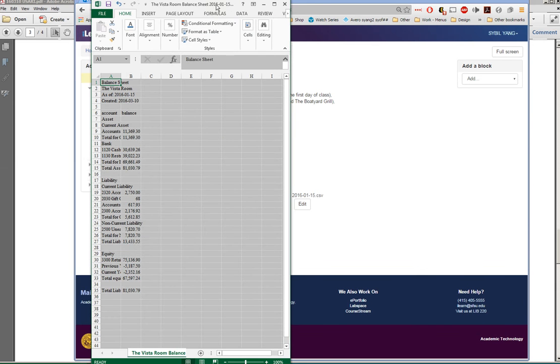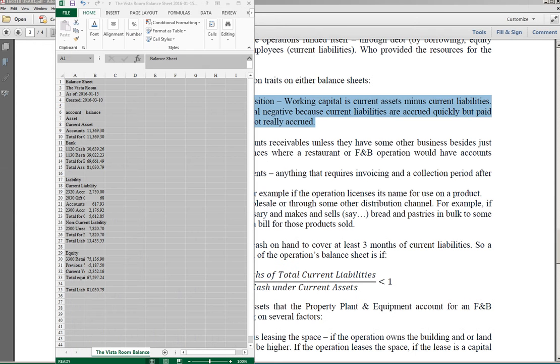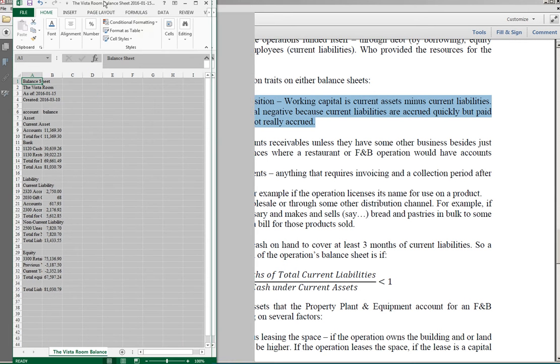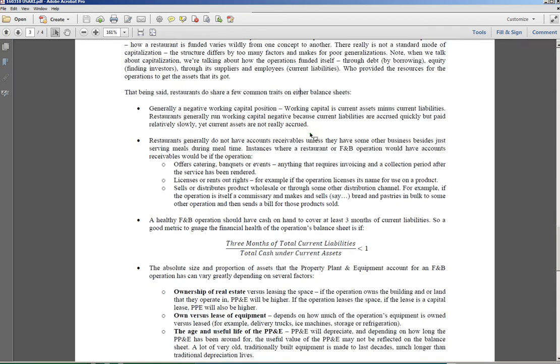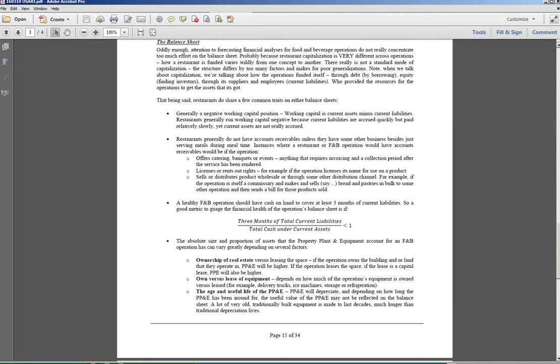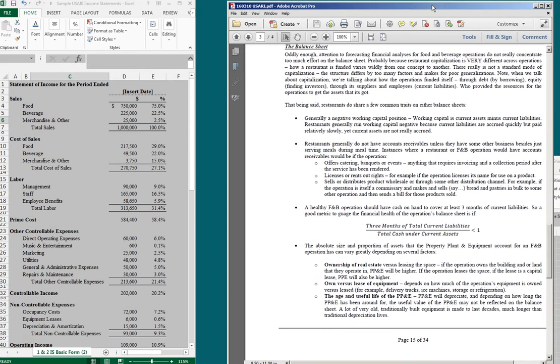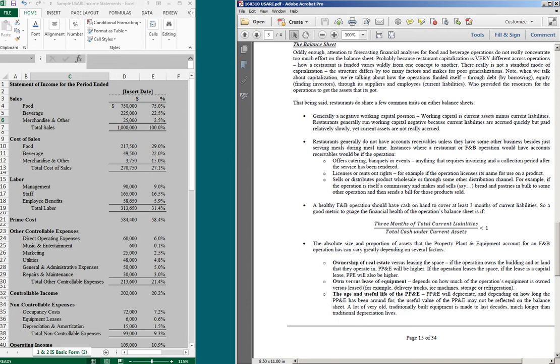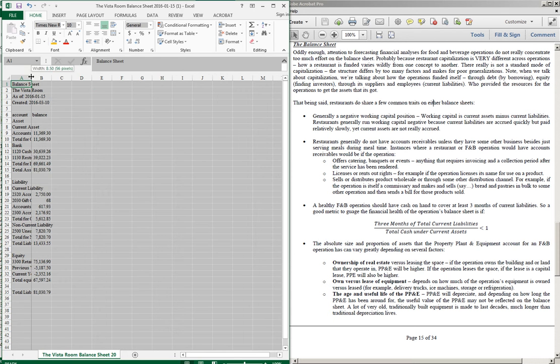And we're going to walk through the balance sheet for the Vista Room in terms of each of the points that we're going to talk about here. So I'm going to make this a little bit smaller so I can fit both of these things on the screen at the same time. So that's that, and here is the balance sheet.